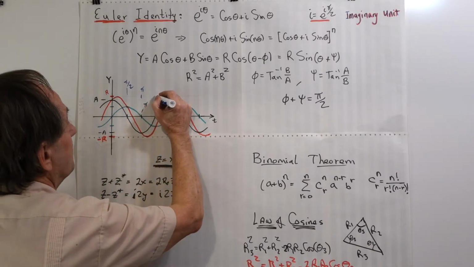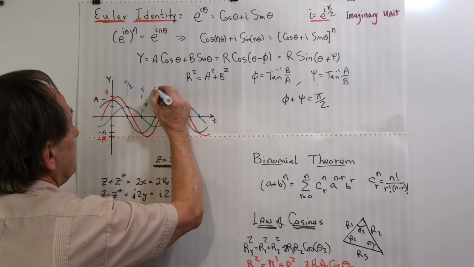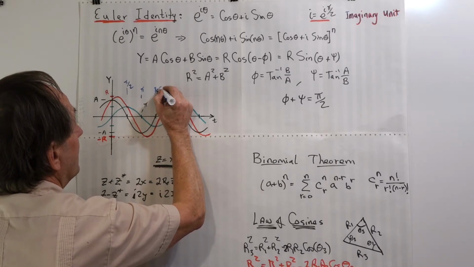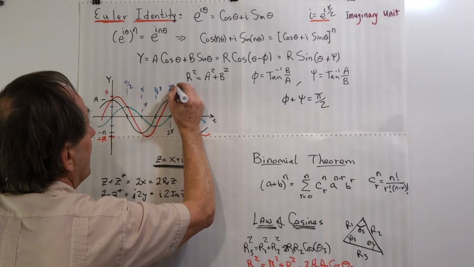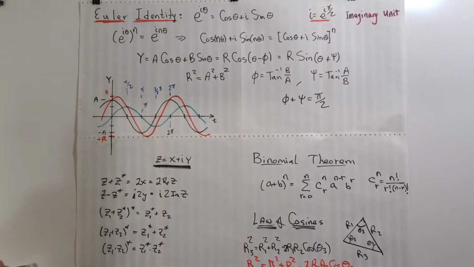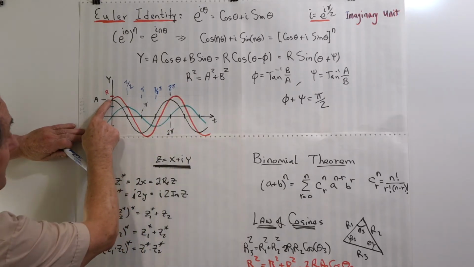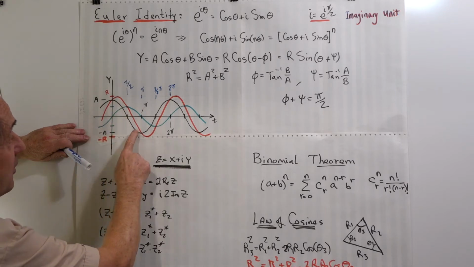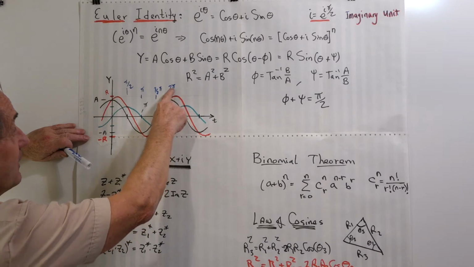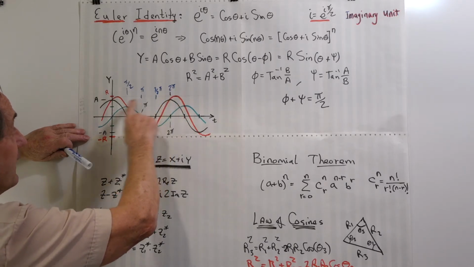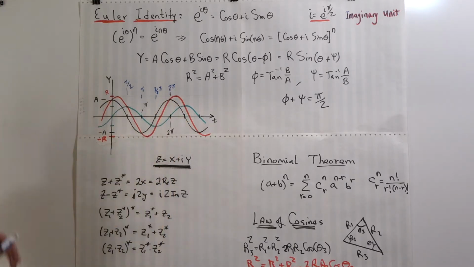And this will be 3 halves pi. And then this value here is 2 pi. 2 pi is 1 period, as we can see for the cosine. We start out at maximum, we go through 0, we reach a negative maximum, go through 0, and then we're back where we started 2 pi radians later. That's 1 complete cycle on the cosine.